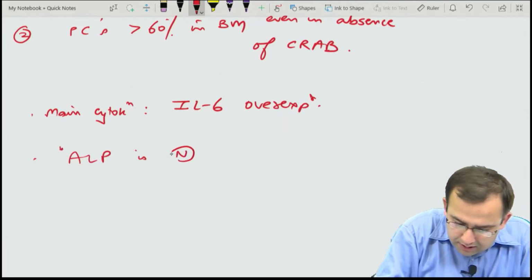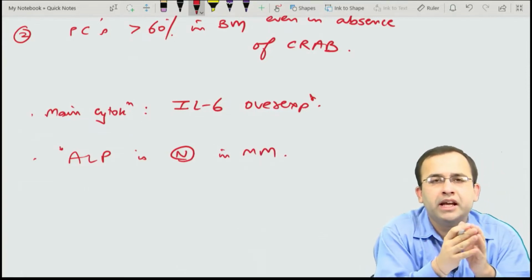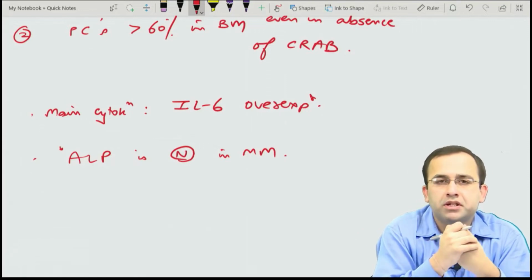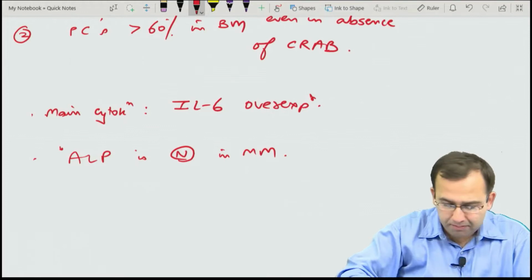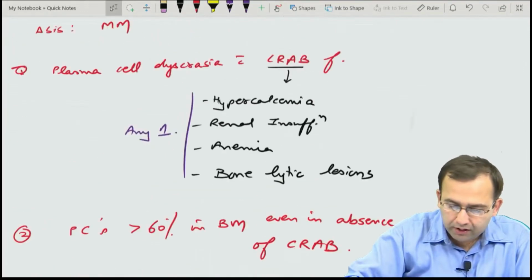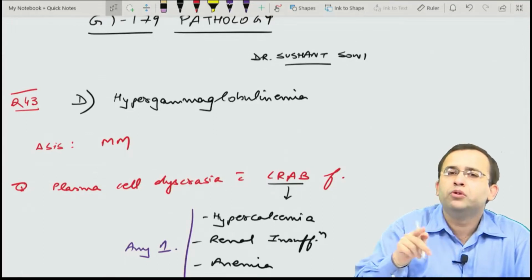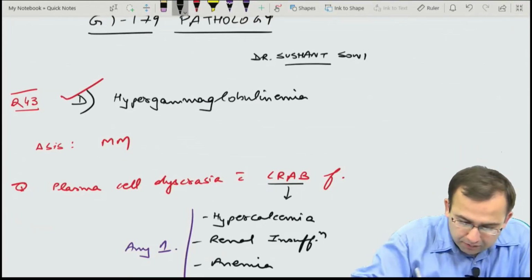ALP is normal in multiple myeloma. This is because ALP is an enzyme of osteoblastic activity. Multiple myeloma is associated with osteolytic activity. So ALP is normal in multiple myeloma. Done. And of course it is associated with M spike. M stands for monoclonal spike. So it is associated with hypergammaglobulinemia.